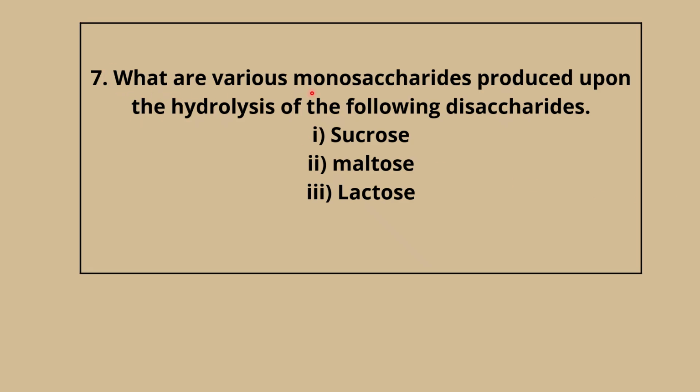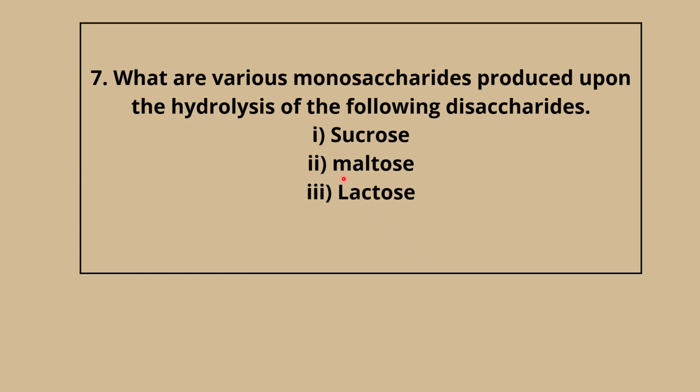Next question is: what are the various monosaccharide units produced upon the hydrolysis of the following disaccharides? In the NCERT syllabus we have three disaccharide compounds. The first one is sucrose. When we hydrolyze sucrose, we get glucose and fructose, both in equal quantity.